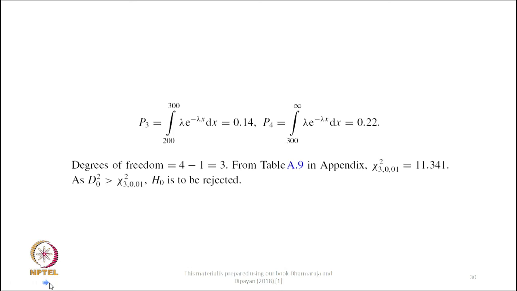So, the conclusion is, for the given 150 light bulbs' burning time with the given level of significance, you are rejecting the statement saying the burning time follows an exponential distribution with the given lambda.